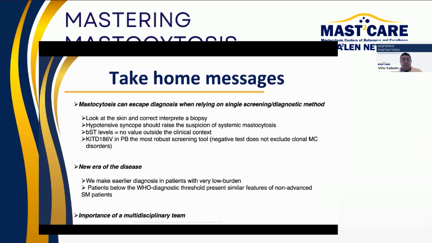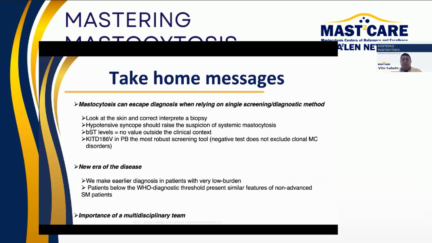So, to stay in time and to give you some take-home messages, in agreement with what Polina, Frank, and Sigurd said: mastocytosis can escape diagnosis when we rely only on a single screening or diagnostic method. We should carefully look at the skin and correctly interpret the biopsy.